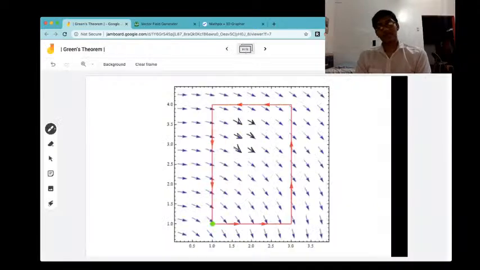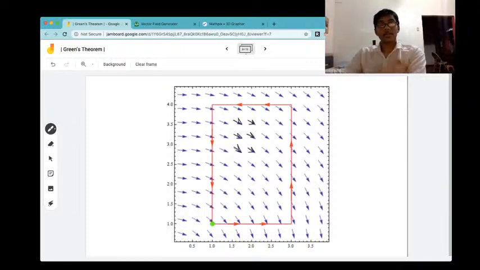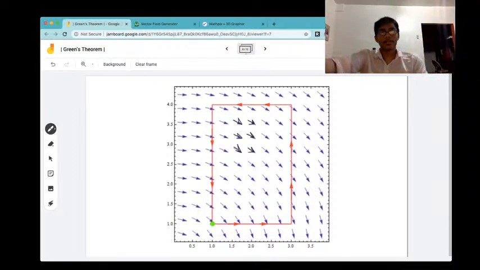And like any vector field, this one is defined as follows. It has an x component and it has a y component, right? So let's actually bring this one closer, and this one is fine right where it is.